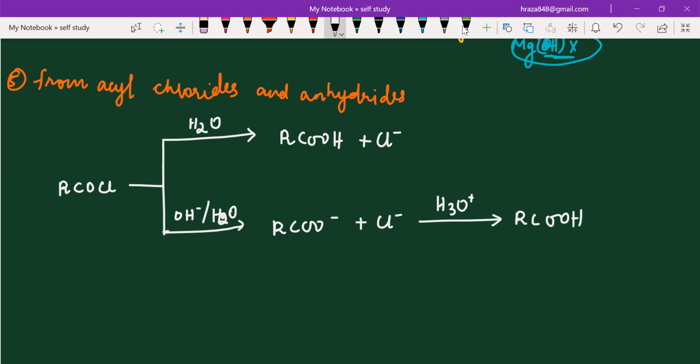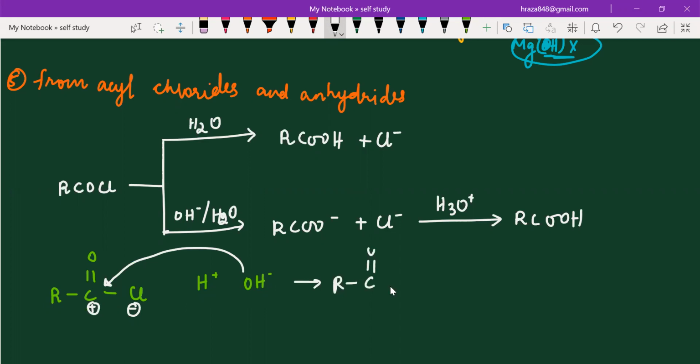How does this reaction take place? As you can see, this will be your RCOCl, and H2O has two parts, H plus and OH minus. So this will be the positive side, and this will be the negative side. So it will attack here, and it will form RC double bond OH.